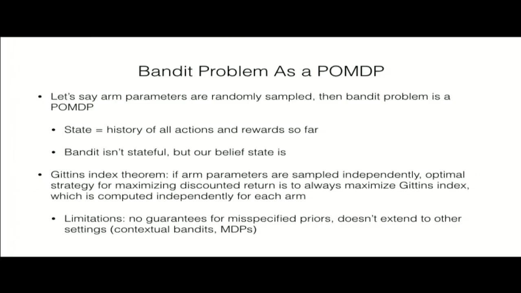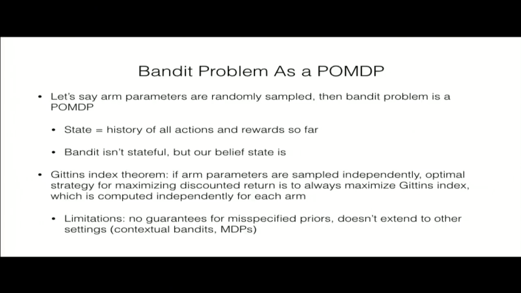So let's say you have a prior on all those Bernoulli parameters. Now you want to figure out what's the optimal sequence of actions to take. And you can actually view this problem as a POMDP.